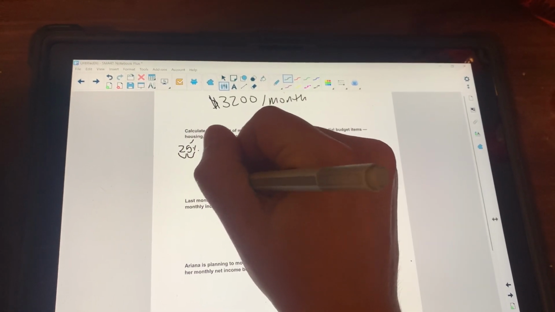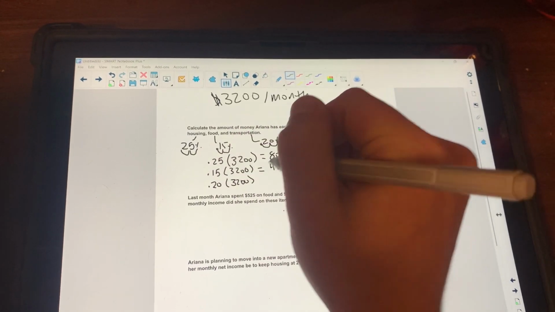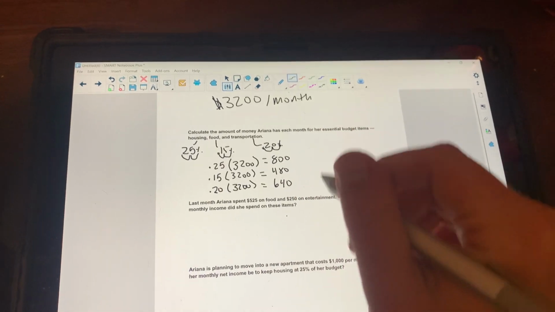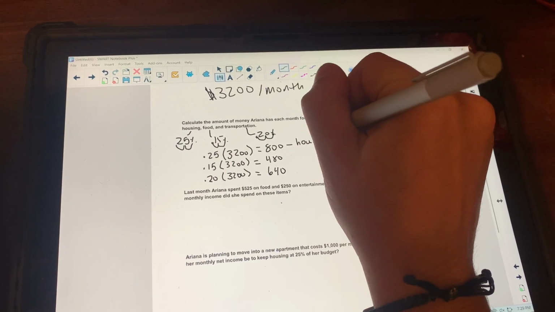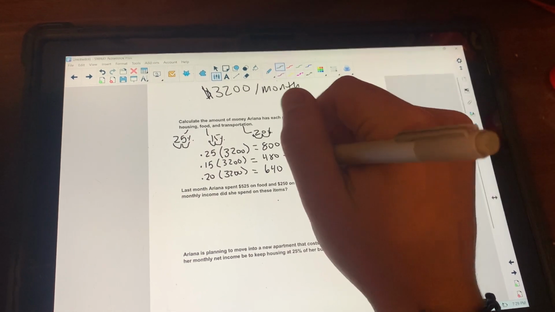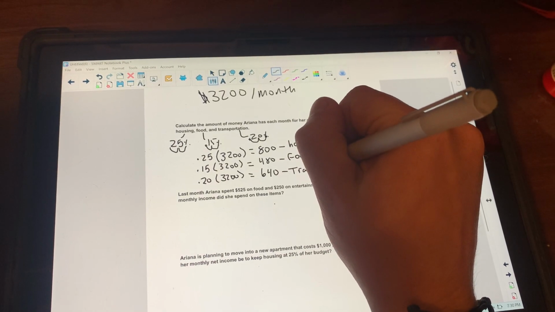So we're going to multiply that by the 3,200. And when we do that, we get $640. So that means she can spend $800 on housing. She can spend $480 on food. And then she can spend $640 on her transportation.